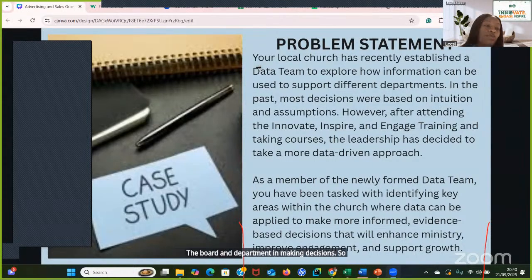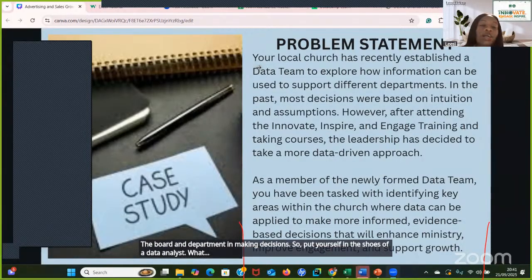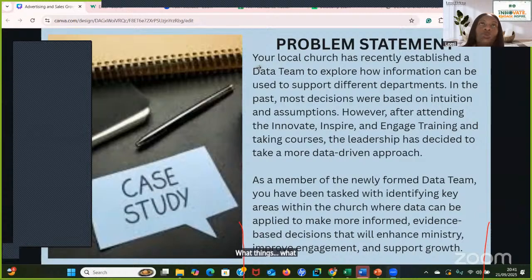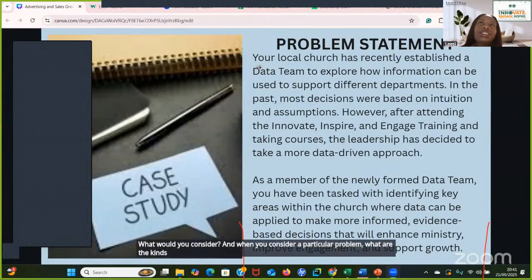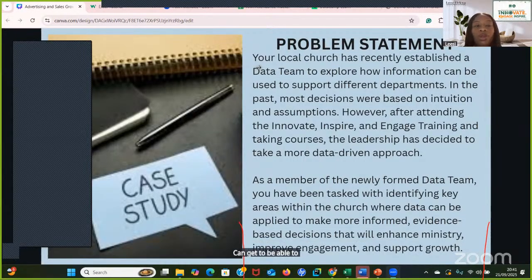So put yourself in the shoes of a data analyst. What will you consider? And when you consider a particular problem, what are the data points you can get to be able to solve that problem?